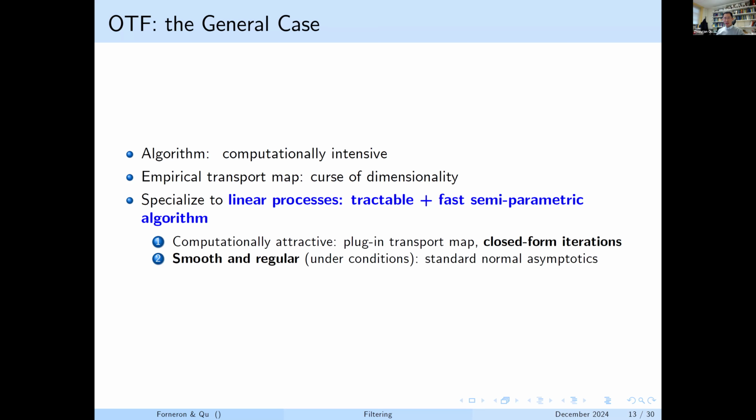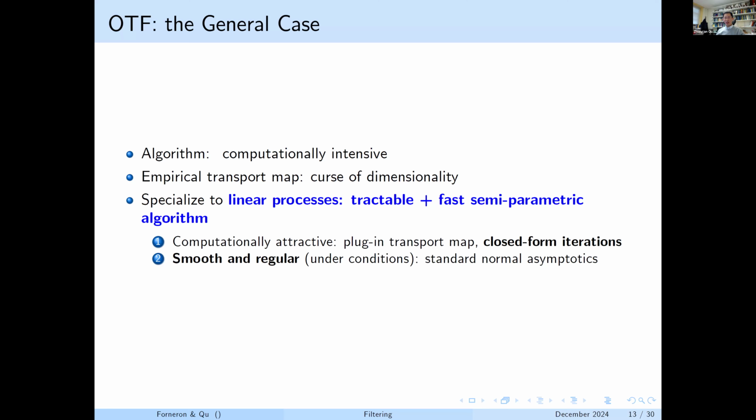For the remainder of the talk, I'm going to focus on linear processes. For that, we'll see very tractable expressions, pretty much closed form. We get a semi-parametric algorithm that's fast to implement and does not suffer from the curse of dimensionality.